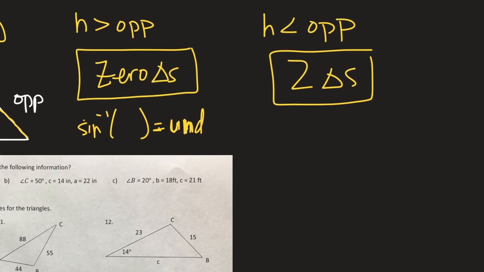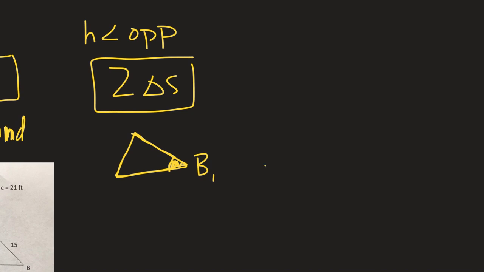Okay, so the first triangle we solve, that's an acute triangle. So we're going to use the law of sines just like we normally would. This is the first angle that we find, B1, for your first angle, using the law of sines. And then your second triangle is always going to be an obtuse triangle, and this is angle B2.